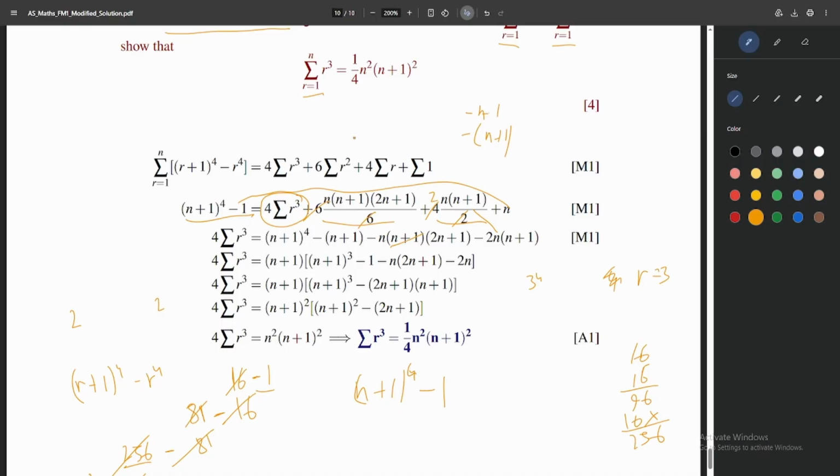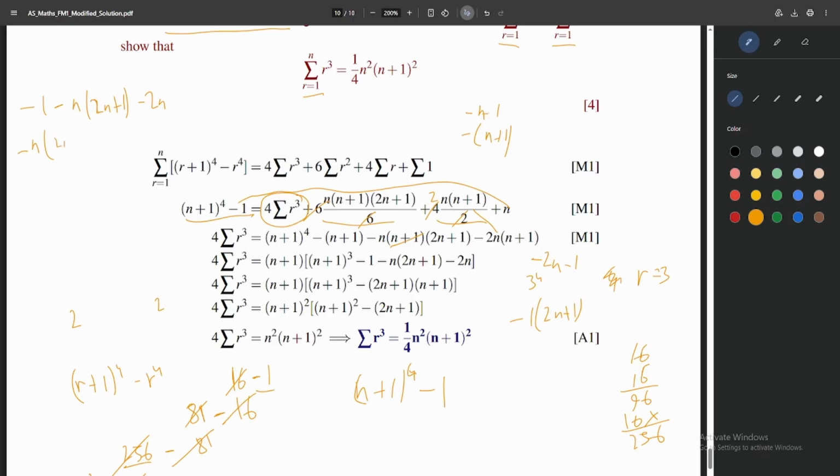So can we do anything? No, we cannot. So let us just see further. This one has minus 2, and we can see one thing, minus 2 and minus 1. If we take minus 1 common, we get 2n plus 1, which is also here. So we can take that common. So we have minus 1 minus n (2n plus 1) minus 2n, and we can see that these two 2n terms can be put together.